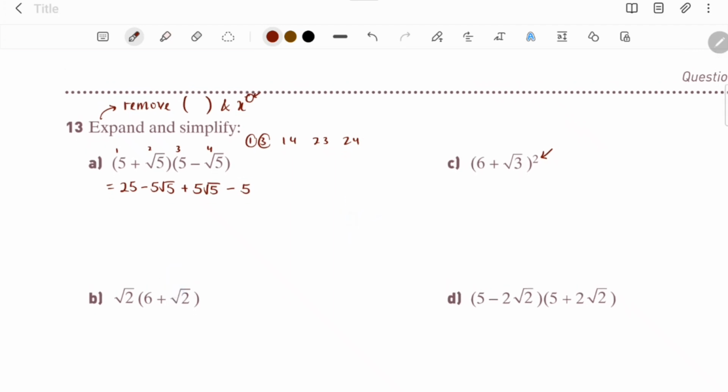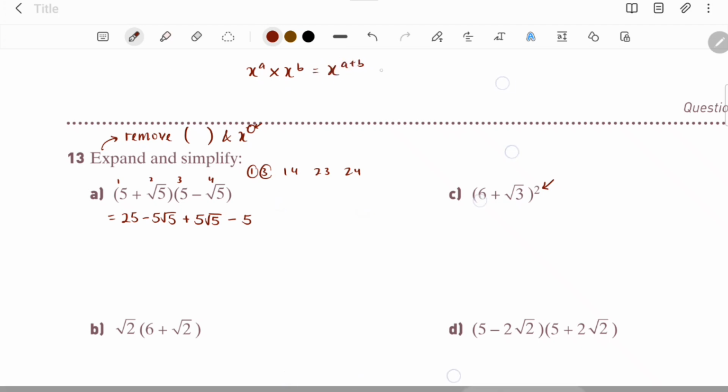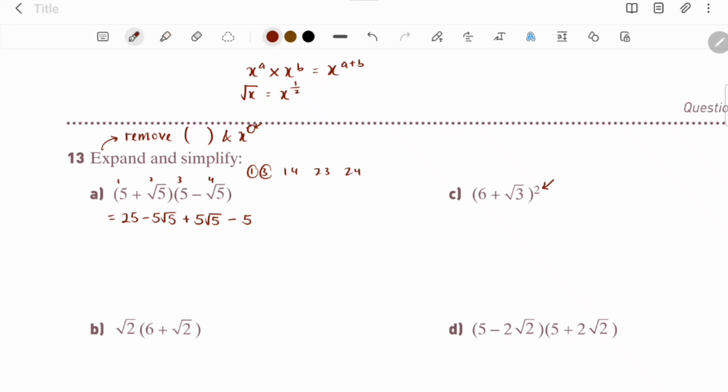Why? Because we know that x^a times x^b equals x^(a+b). And we also know that if it's square root, it means that the power is 1 over 2.